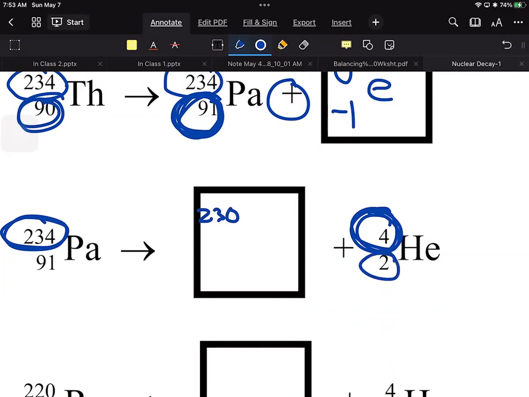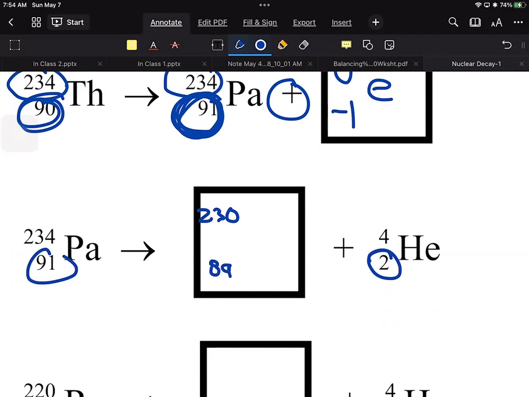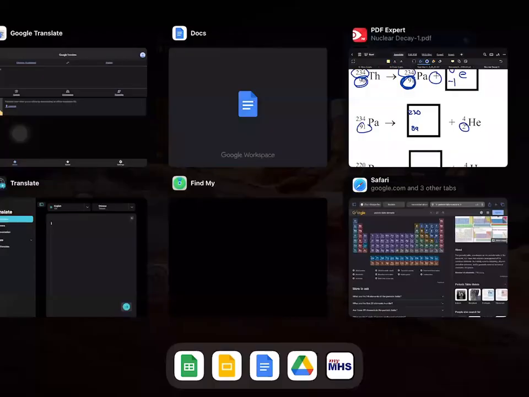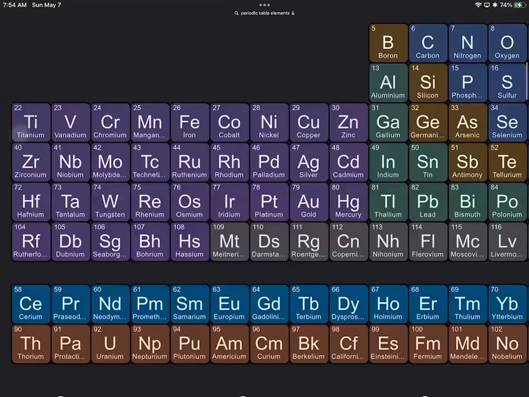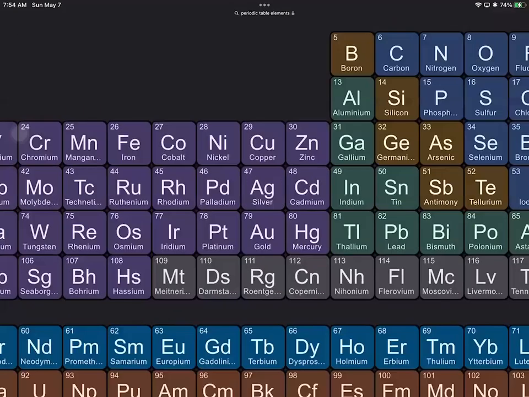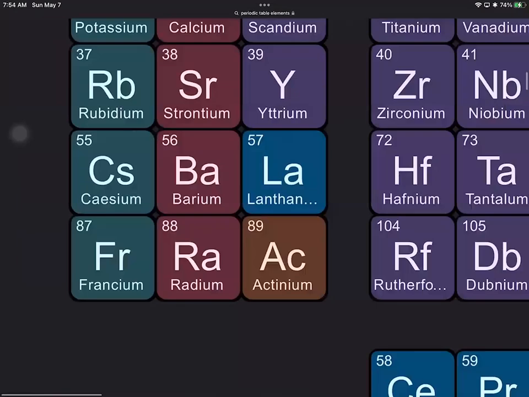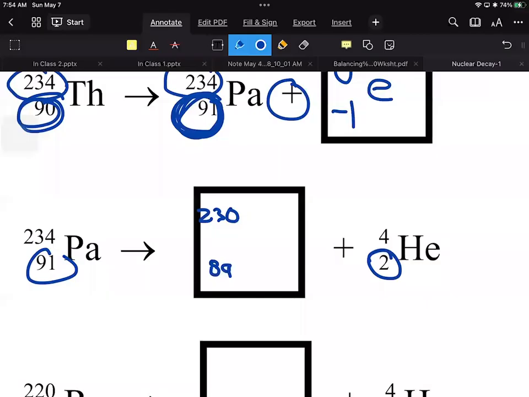And then 2 and 91: what plus 2 equals 91? That'll be 89. The way you find the element on the periodic table is to look at the bottom number. So you need to find something that's 89, and it's Ac.